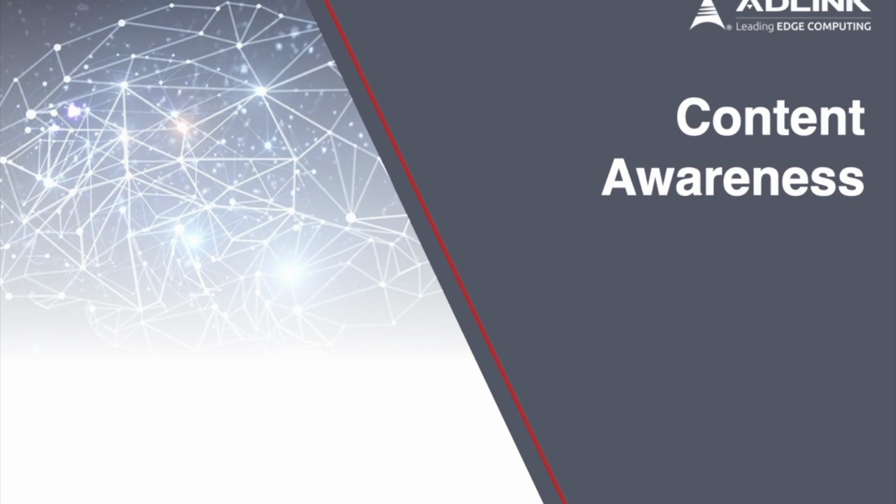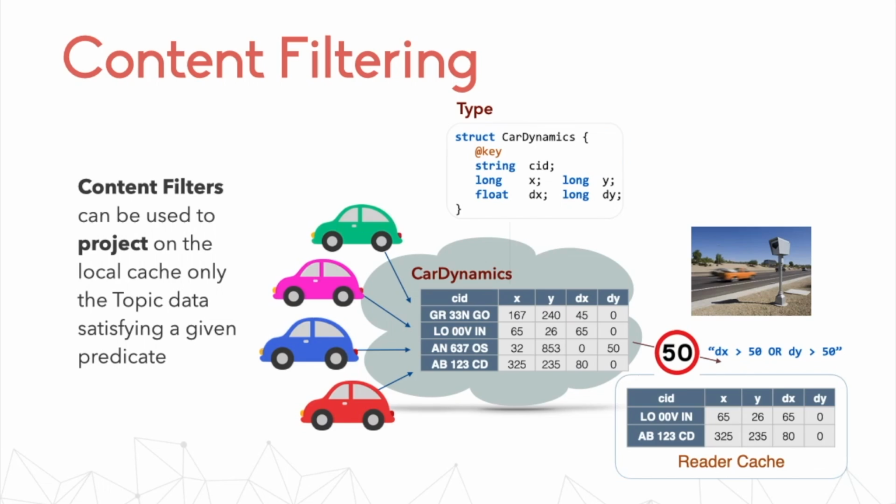And what are the appropriate manners of taking out this data? Well, you might be interested in receiving all data, or perhaps you might be interested in receiving just a subset of data, and you might want to control the data you receive based on some specific properties or predicates on the content. So there are two different ways of controlling the data that you receive that DDS provides.